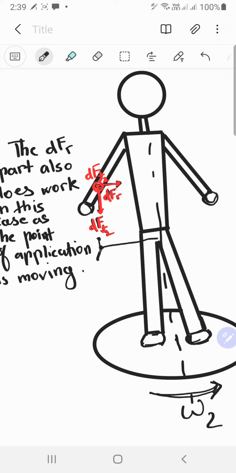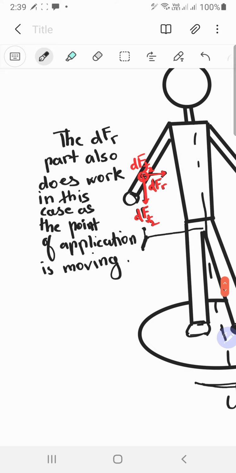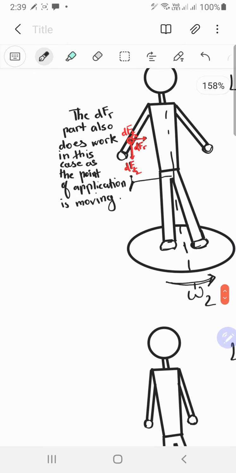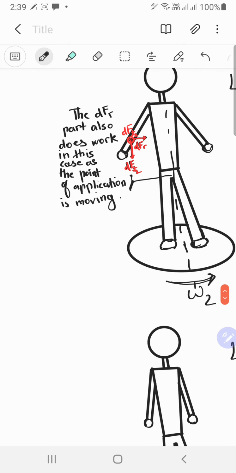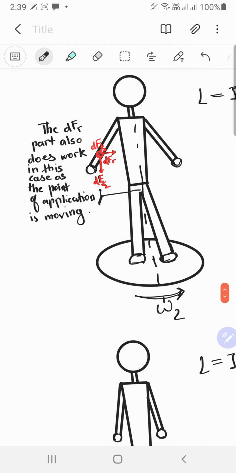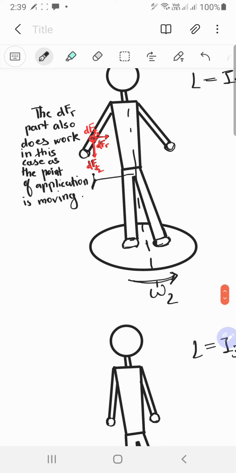So over here you have this force which is coming out of his arm, and there's some force which is going down. These two are tangential and they don't do any work. So the radial force Fr does some work in this case, as the point of application is moving, and the force is doing some positive work.